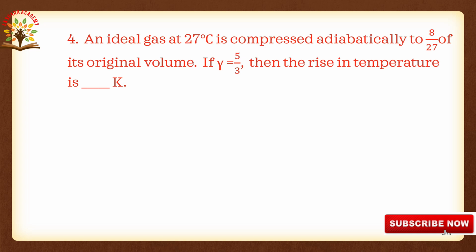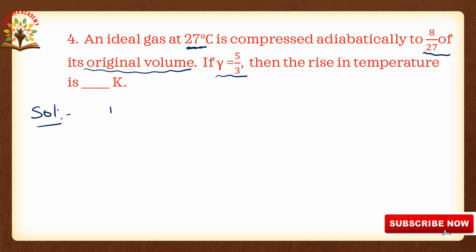In this question they have given 27 degrees centigrade as the initial temperature, 8 by 27 of its original volume, and gamma is equal to 5 by 3. See here, this is an adiabatic process, T V to the power of gamma minus 1 is equal to constant. Now let us go to the solution.